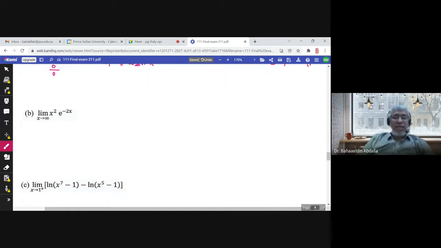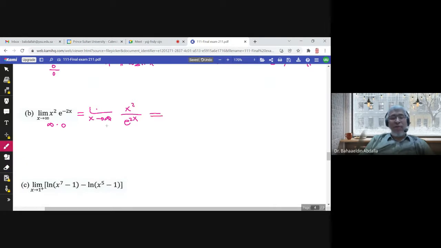If I replace x by infinity here, I'll have infinity squared, that's infinity. E to the power negative infinity is 0. When I have infinity times 0, I should write one of the functions below. And e to the power negative x, I can simply write as e to the power 2x in the denominator.